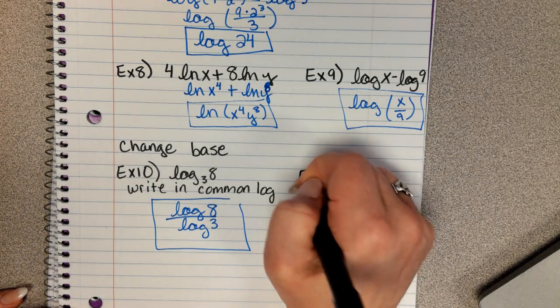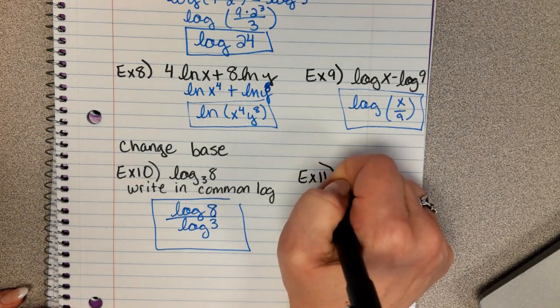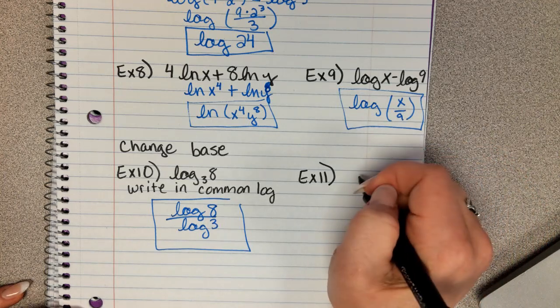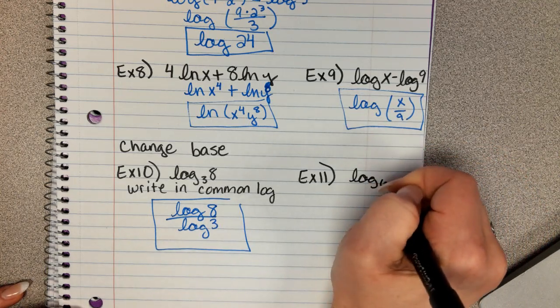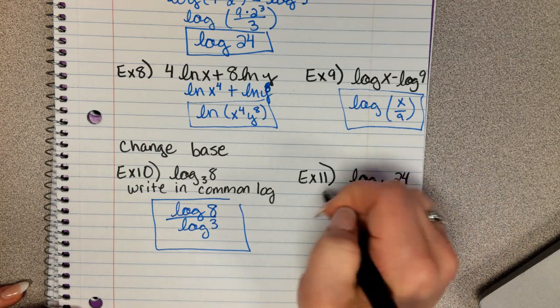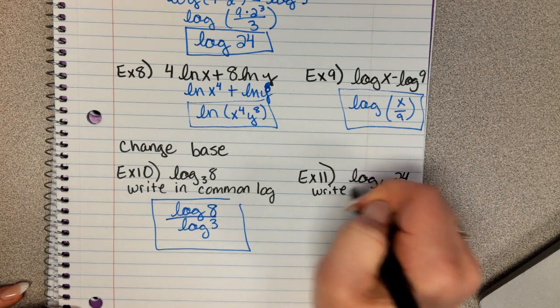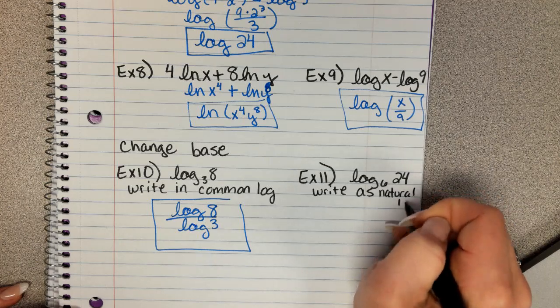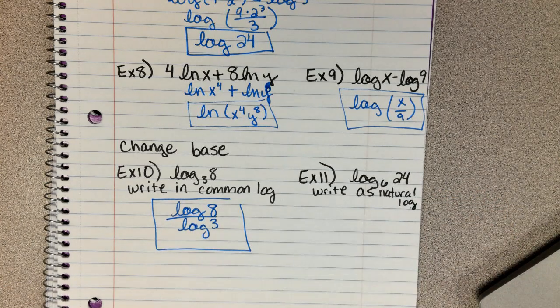You can also do this with natural log. So let's say you have log base 6 of 24, and you need to write this as a natural log. Maybe your problem requires natural logs and you've been given this information as a log base 6, natural log having a base of e.